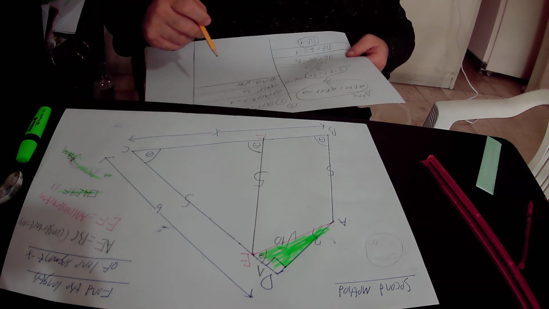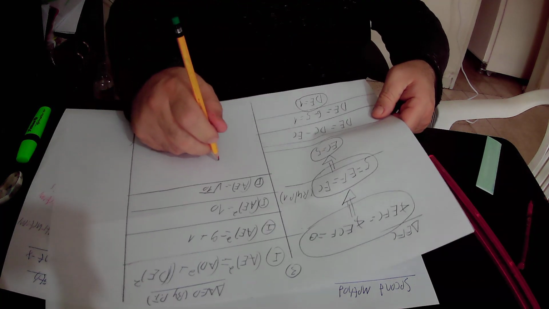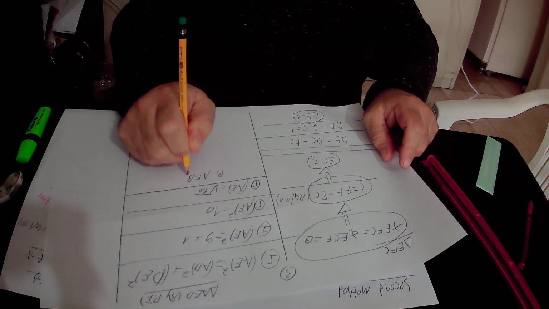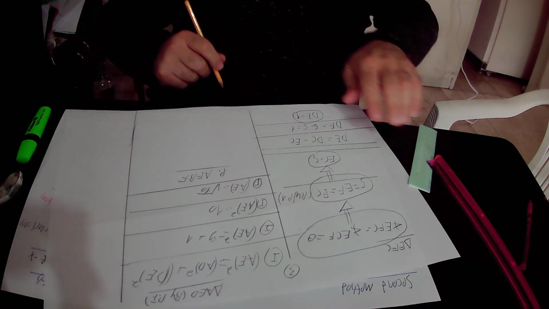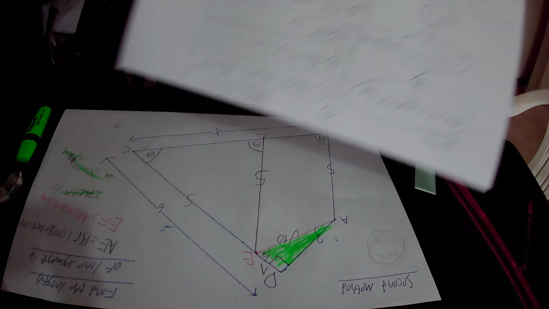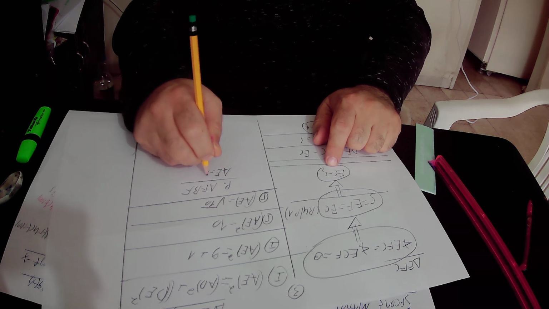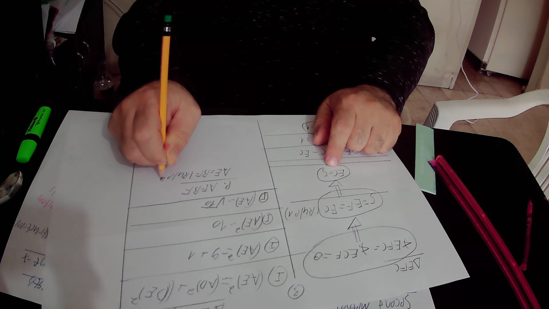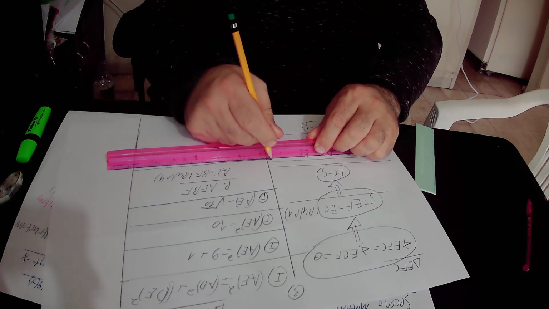According to rule number 4, if you focus on the parallelogram AEBF, in parallelogram AEBF, AE equals BF, according to rule number 4 that says that the opposite sides of a parallelogram are equal to each other.